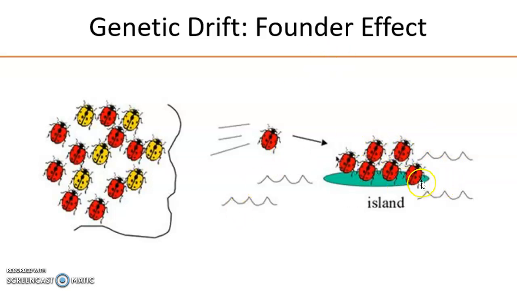And so this founding population here has less genetic variation than the original one. And the frequency, what is here, differs by chance. This could easily have been a yellow ladybug, right? But in this case, it was a red one. So this is by chance. The red one went on to found essentially a new population.